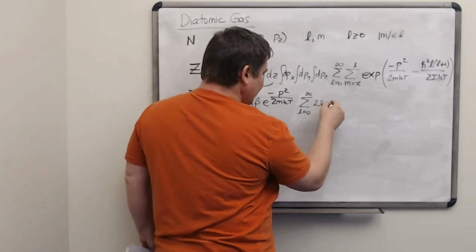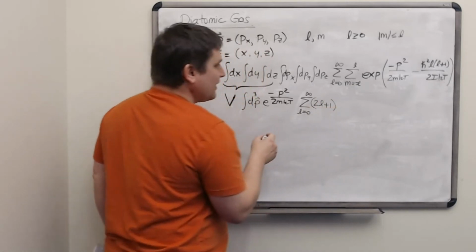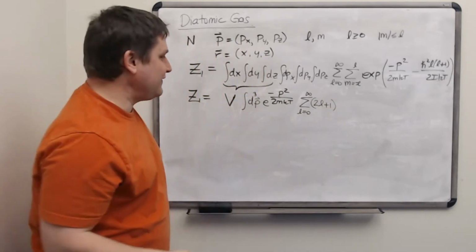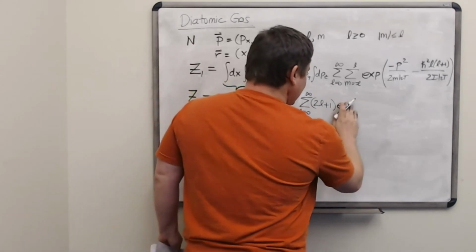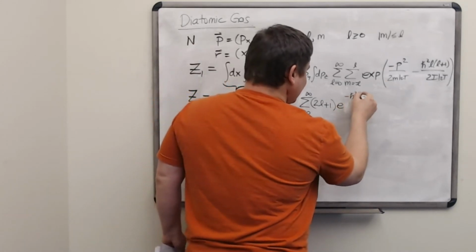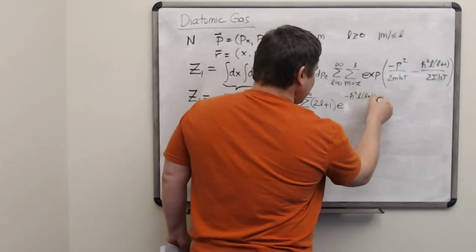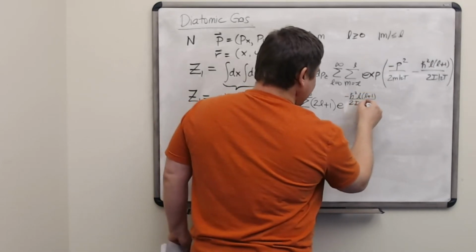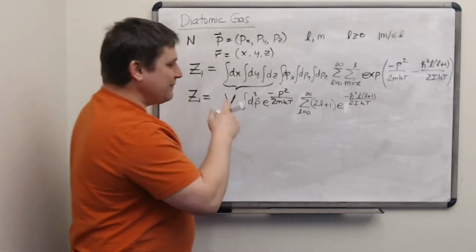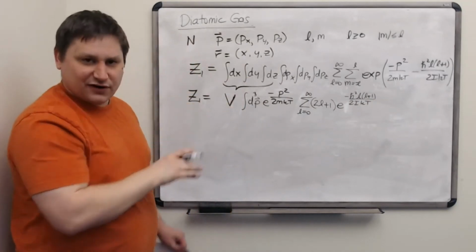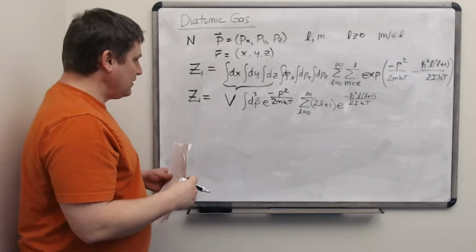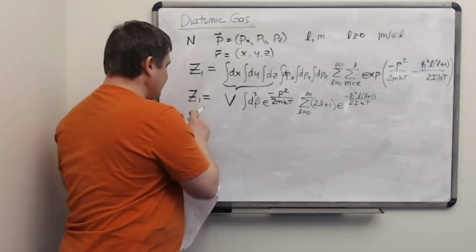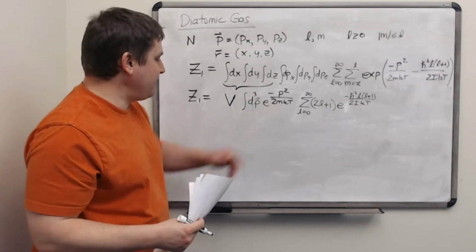It will give us 2L plus 1. You can think of that as the degeneracy there. And then we'll have the exponential of minus h bar squared L(L plus 1) over 2I kT. Reminder there, I is the moment of inertia for the diatomic molecule. Thermodynamics does not predict that, just like it doesn't predict the mass.